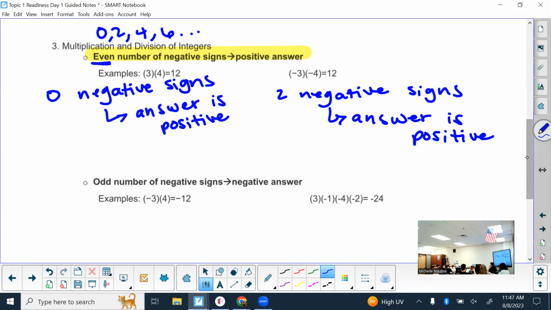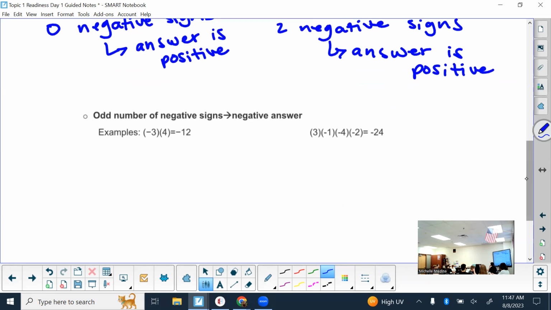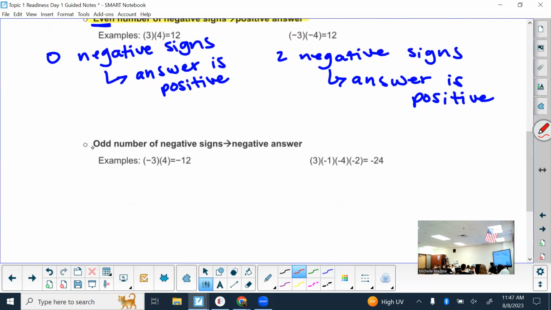All right, then if you're multiplying and you have an odd number of negative signs, so what are some examples of odd numbers? Do a different table. Table 2, examples of odd numbers.